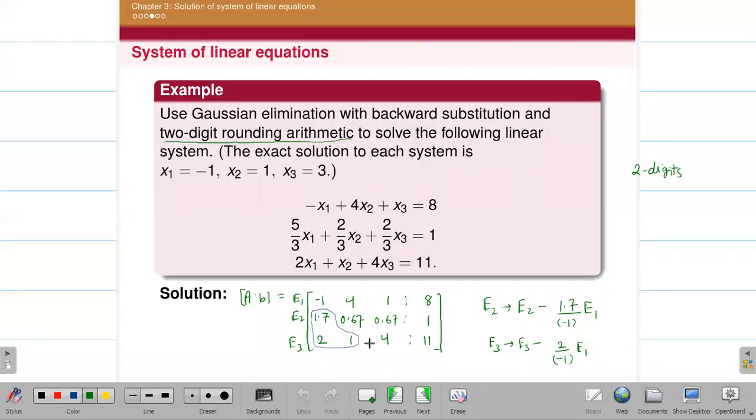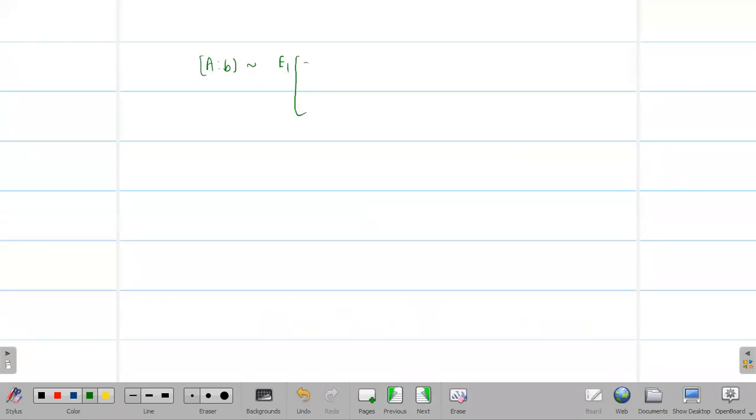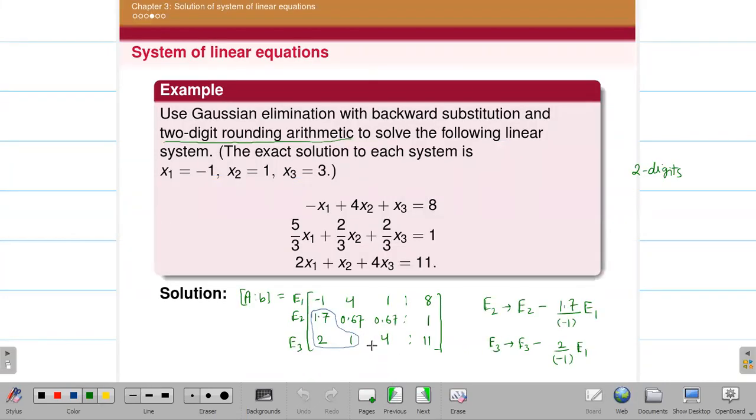E1 will remain the same: -1, 4, 1, 8. Those first column numbers will be 0. Now the operation will affect the other entries. Write 0.67 plus 1.7 into 4, and here 0.67 plus 1.7 into 1.